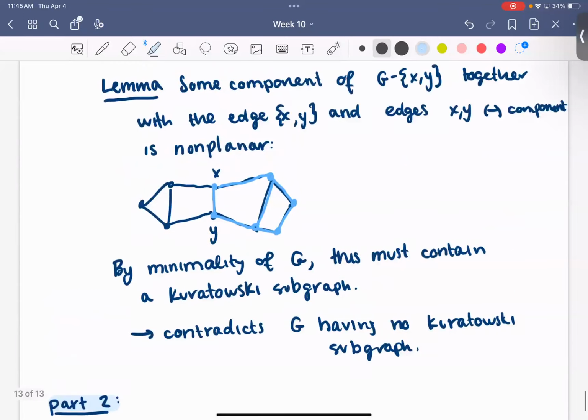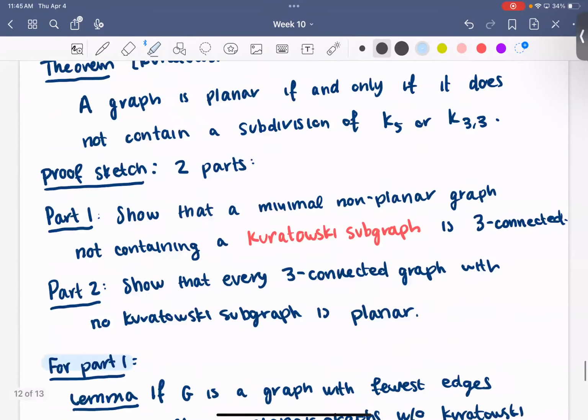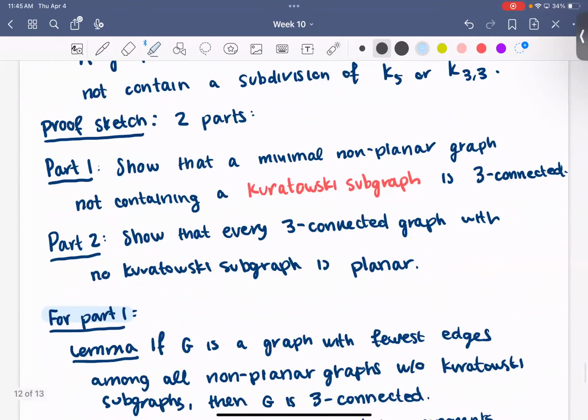Let's go back, I forgot what the statement of part 2 was. Okay, so for part 2, we want to show that every 3-connected graph with no Kuratowski subgraph is planar. We've now proved that the things that we're worried about are all 3-connected, and so now we have this extra assumption.